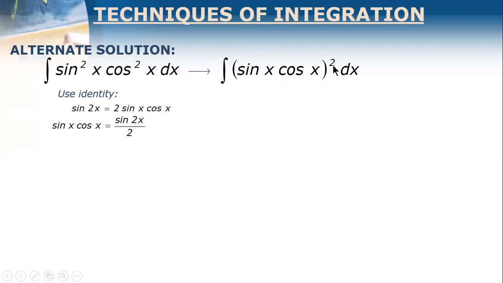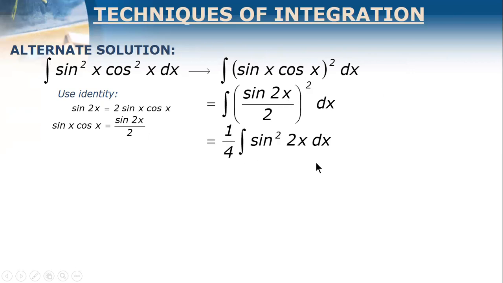This is still applying the law of exponent. So sine x cosine x will be replaced by this one, sine 2x over 2. And then 1/2 squared is 1/4.